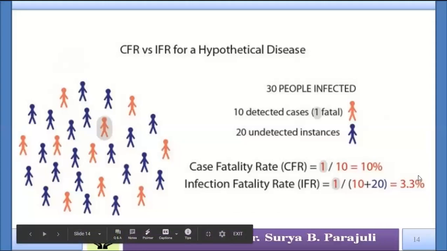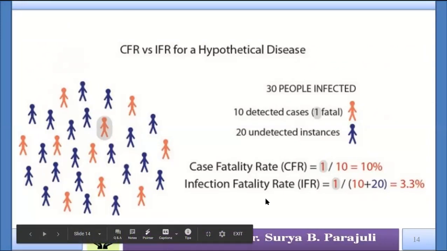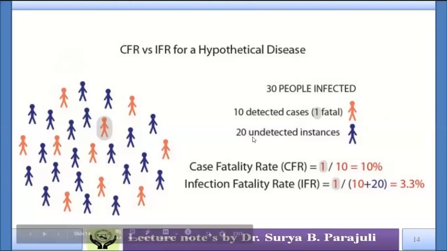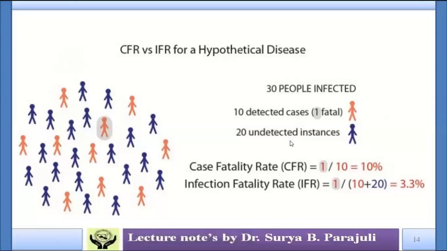If you calculate infection fatality rate of COVID-19, it is very, very less than suicide, snake bite, or landslides, or other common problems. As a medical student, epidemiologist, community physician, or practitioner, you should know both concepts: case fatality rate and infection fatality rate.